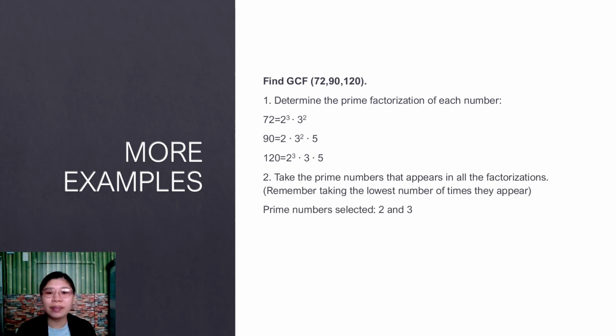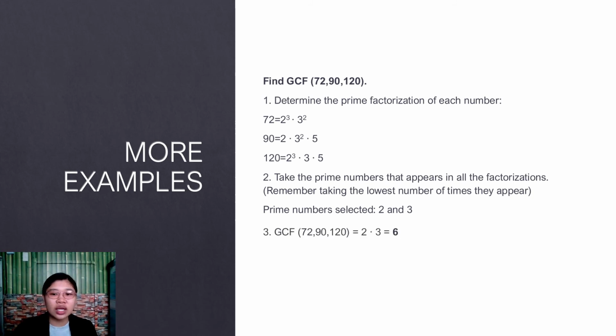And then second step, take the prime numbers that appear in all the factorizations. But remember, take the lowest number of times they appear. The prime numbers that appear in all the factorizations for 72, 90, and 120 are 2 and 3.